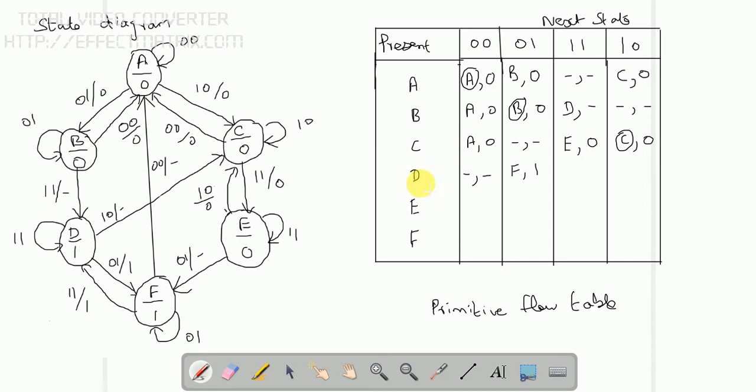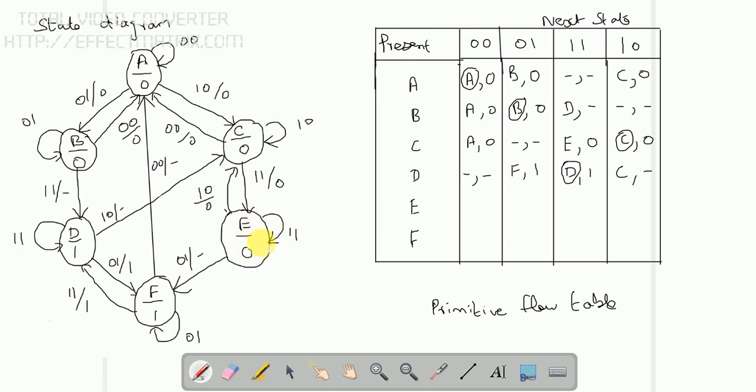Next, D 1 1. So 1 1, which is the input of D, is acting as a self state. So D comma 1. So this is the self state value. Next, D to C. Do you have connectivity? Yes. From D to C, I have the connectivity. So this is taken as C, and the output of this is don't care. Next, for E value.